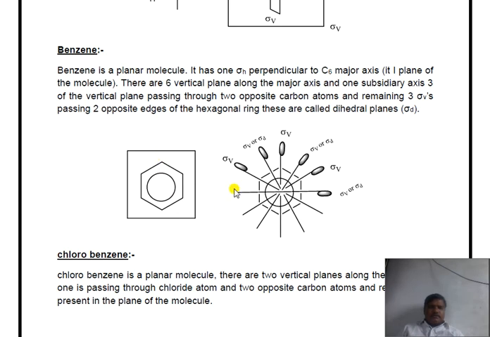For this, there is a horizontal plane of symmetry which is perpendicular to C6, and also six sigma v's which are parallel to the principal axis, which are also taken as dihedral planes of symmetry because there are nC2s perpendicular to the principal axis.